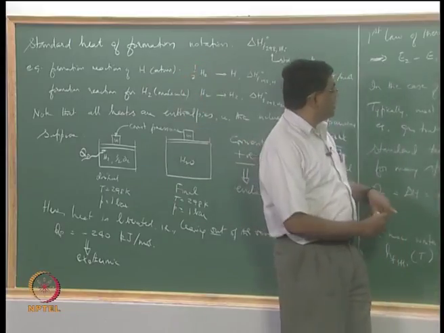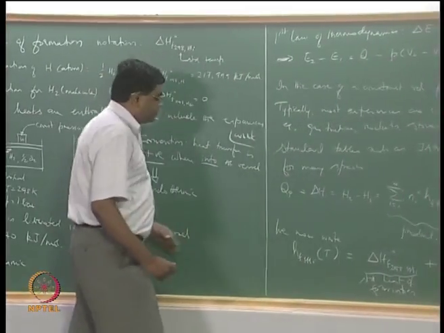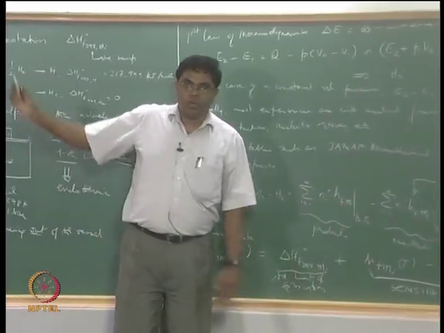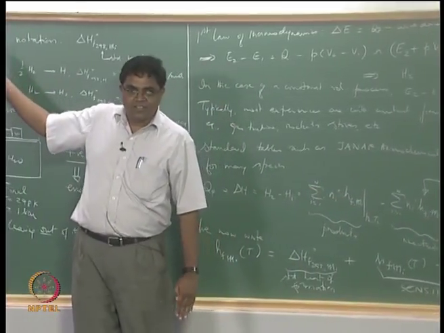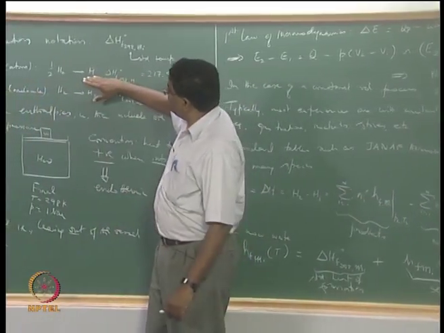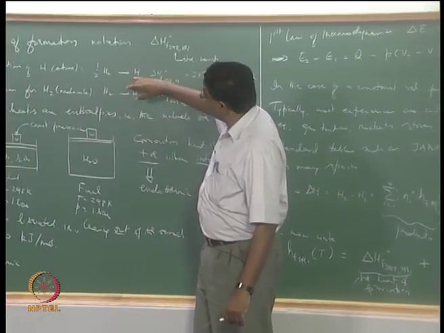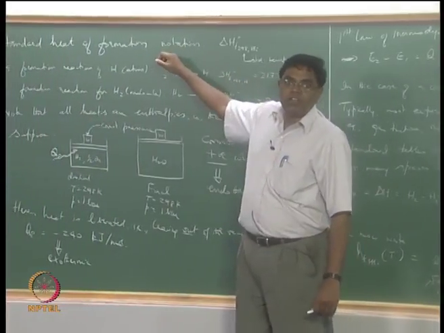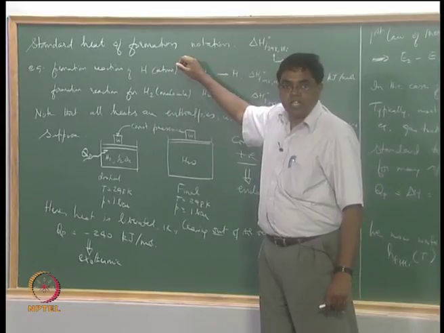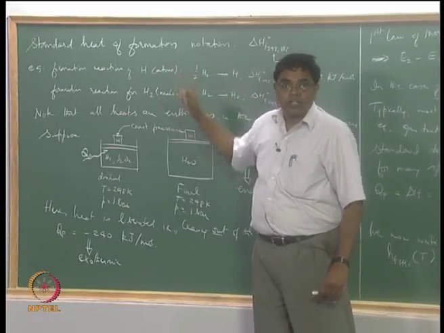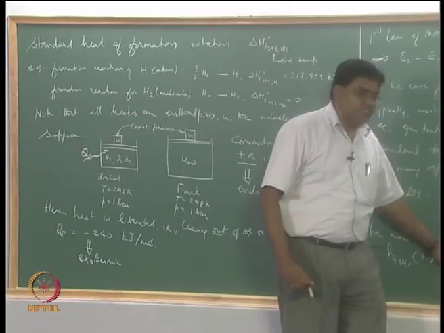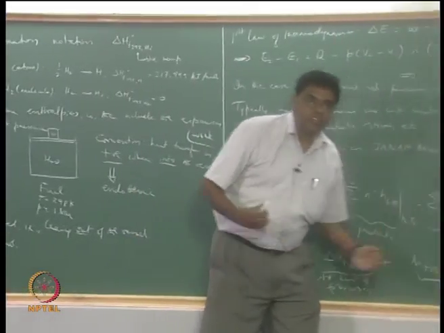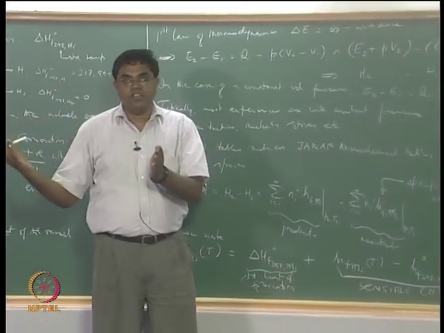So if you apply this equation to the formation reaction itself, what will happen is this is the heat of formation of H minus heat of formation of H2, which is 0, right. Therefore the change is nothing but the value itself, because you are basically taking a value and subtracting 0 from there.